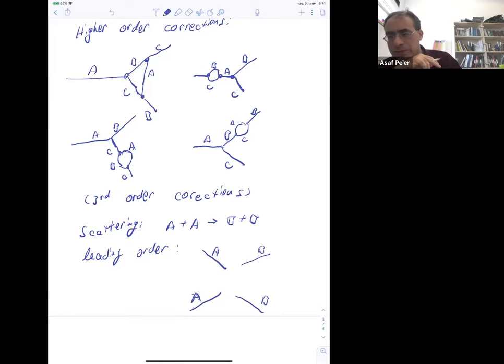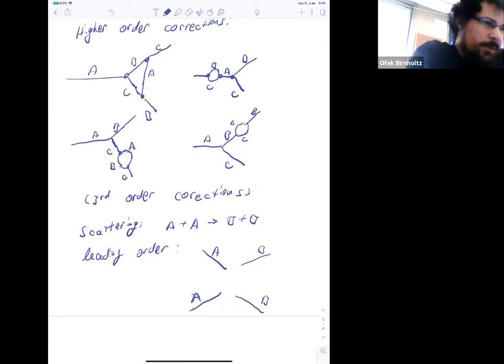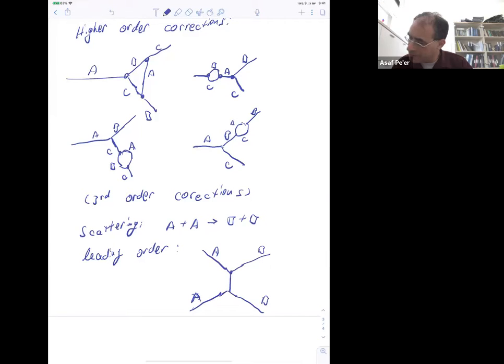What would be the intermediate particle? Connect the dots. So there's a C going out of each vertex. It has to be C because that's the only option, because each vertex connects A, B, and C. You all see that? From each vertex, there is A, B, and C. That's the only option that we have.